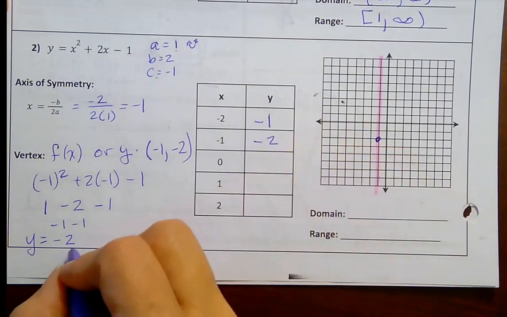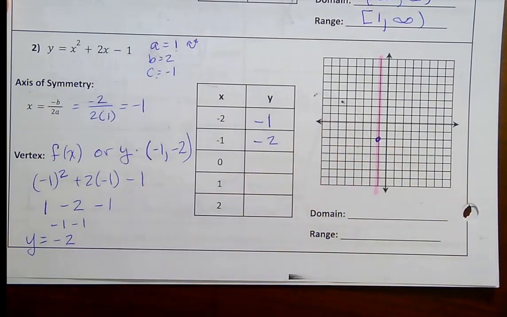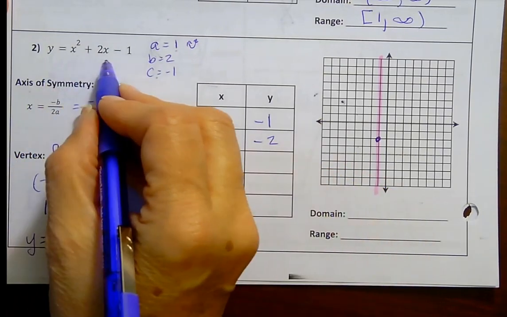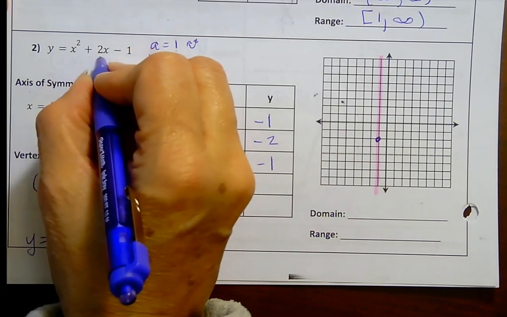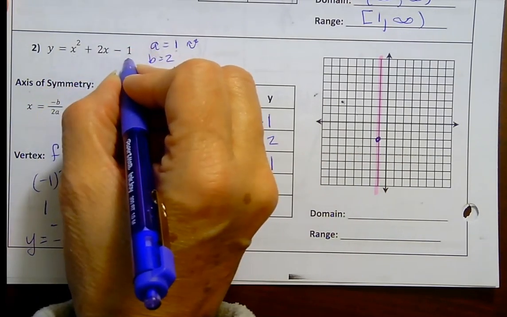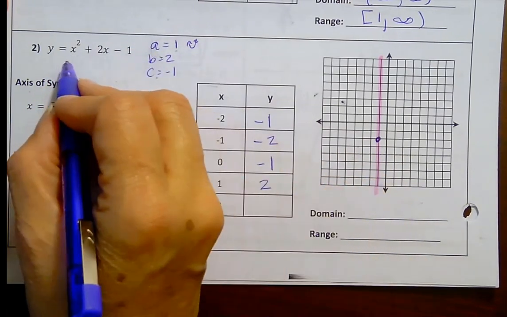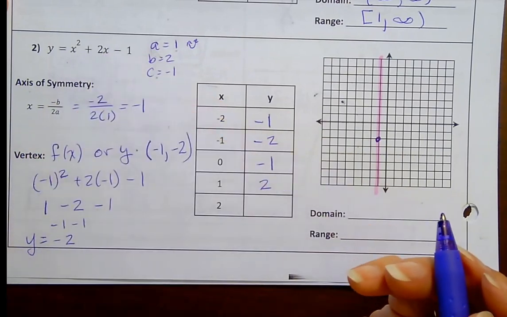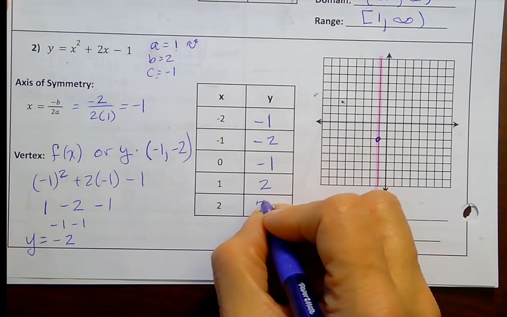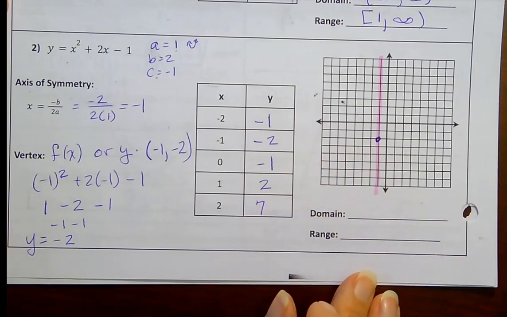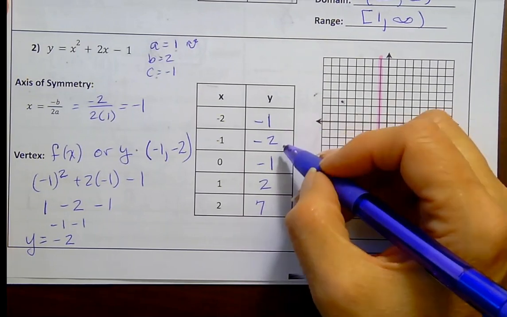We already did that, right? Because we know that's our vertex. If x is 0, y is negative 1. If x is 1, 1 plus 2 is 3, minus 1 is 2. And if x is 2, 4 plus 4 is 8. 8 minus 1 is 7. Do I have all of those numbers right? Negative 1, negative 2, negative 1, 2, 7.